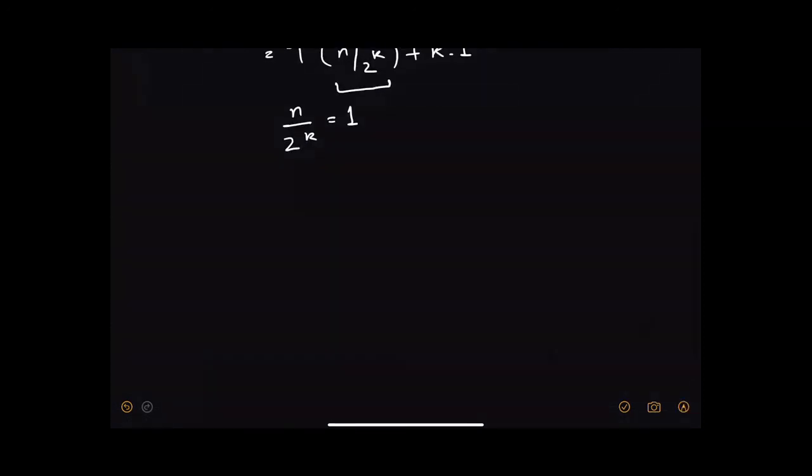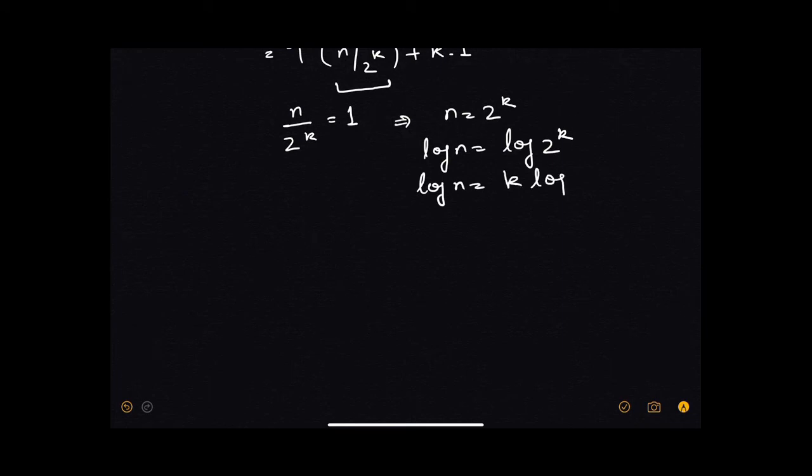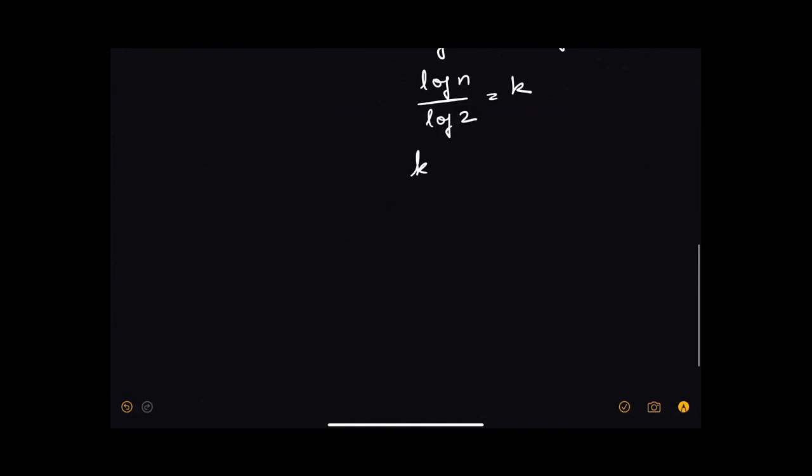So coming back to my problem, n becomes equal to 2^k. If I take log on both sides, it becomes log n equals log 2^k. Log n becomes k log 2. This becomes log n by log 2 equals k. So I can say the value of k is log n base 2.